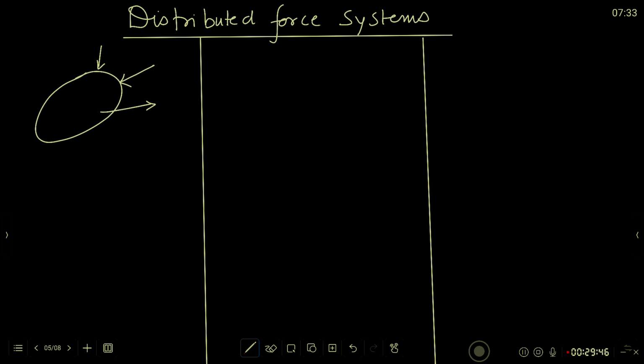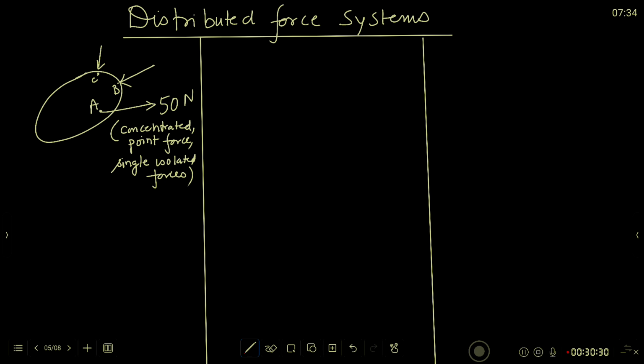Single arrow means there is a force of 50 Newton, for example, acting at this point A. Such a force we call as concentrated force or a point force or sometimes I also call such forces as single isolated forces. Okay. These forces are all acting at specific points.